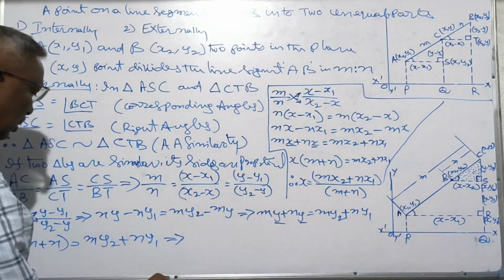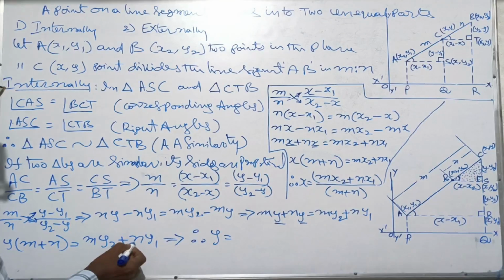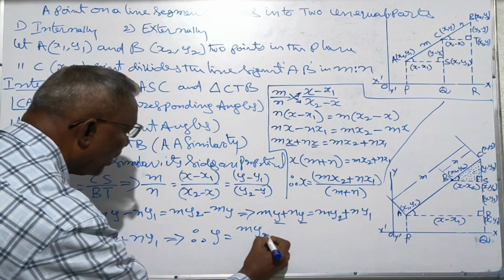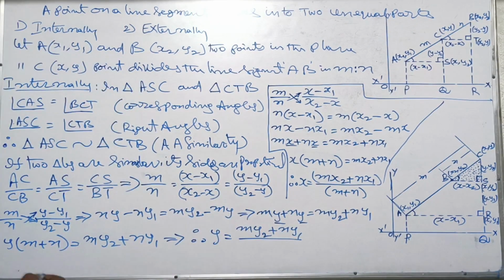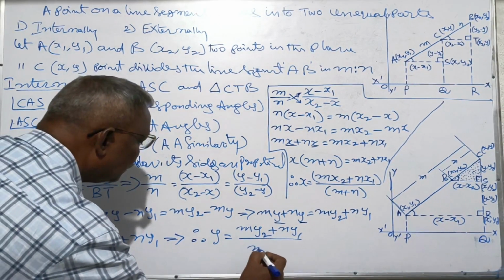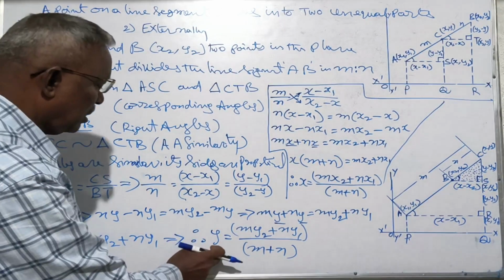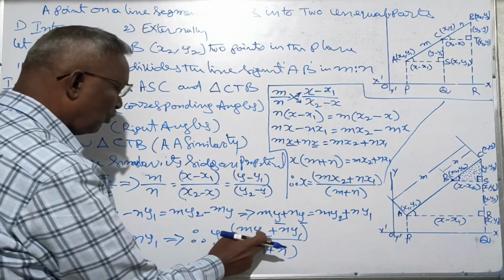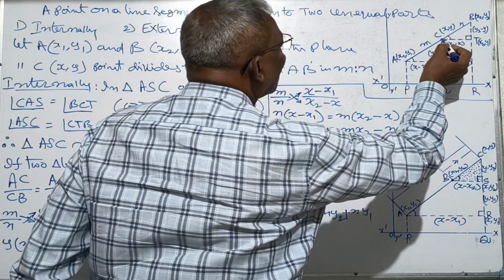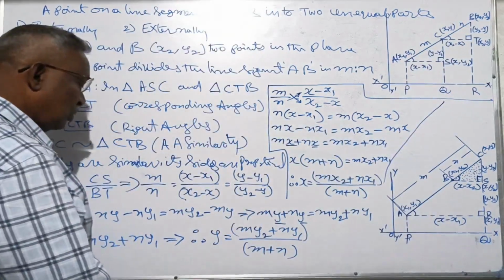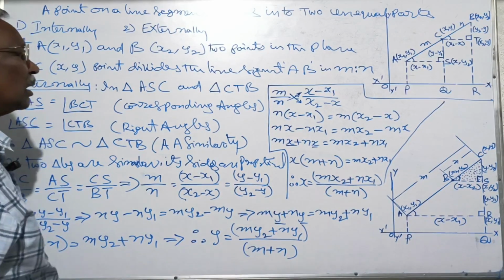Therefore Y is equal to MY2 plus NY1 by M plus N. Therefore Y ordinate at C is equal to MY2 plus NY1 by M plus N.